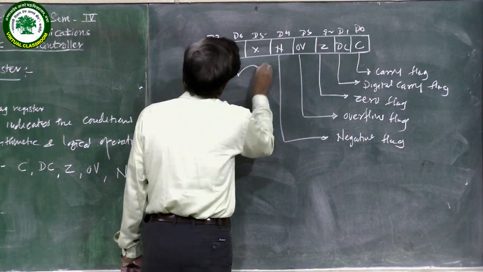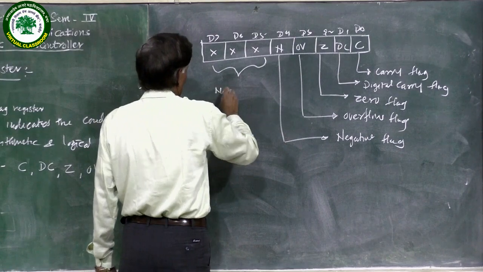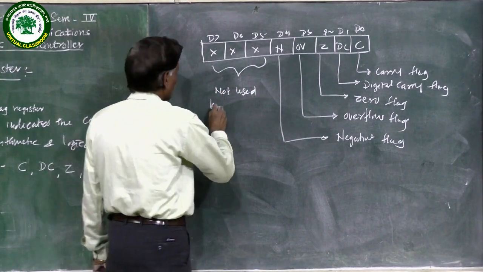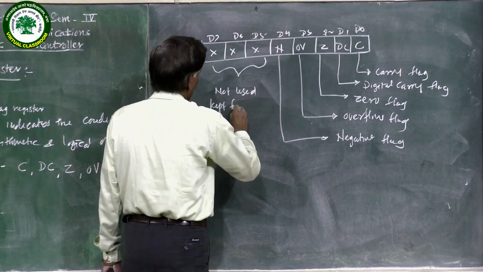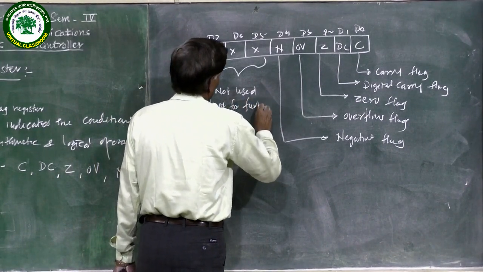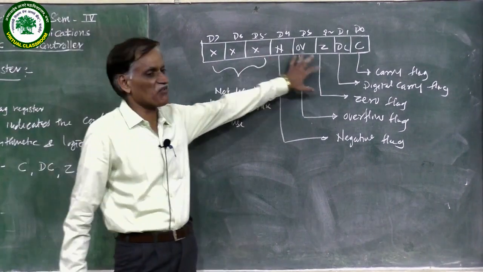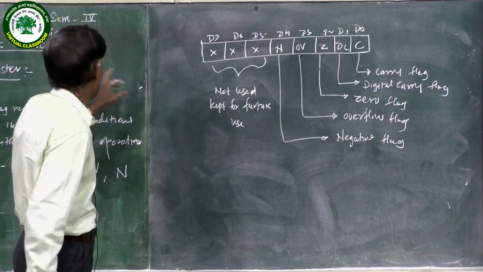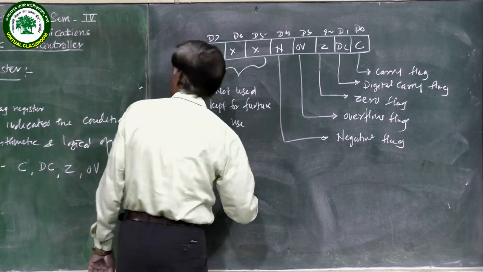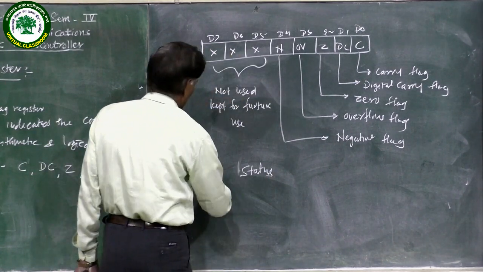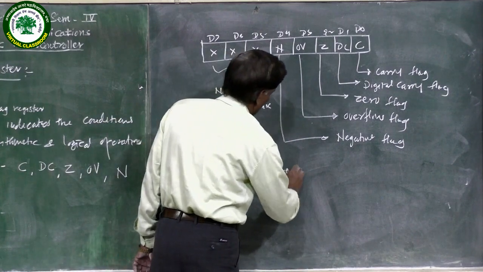These 3 are don't care, not used. These bits are not used, kept for future use. These 3 bits are not used, the remaining 5 bits are used. Totally remember that this is the status register of PIC.